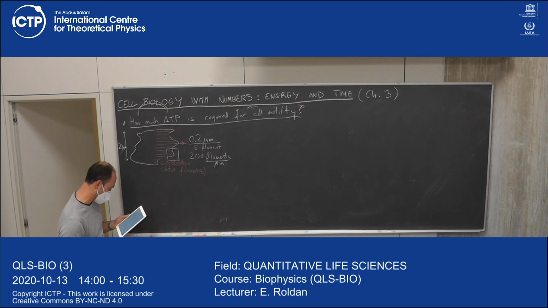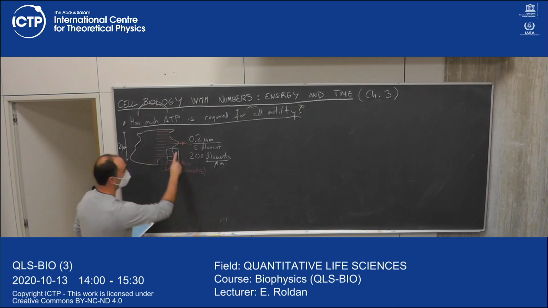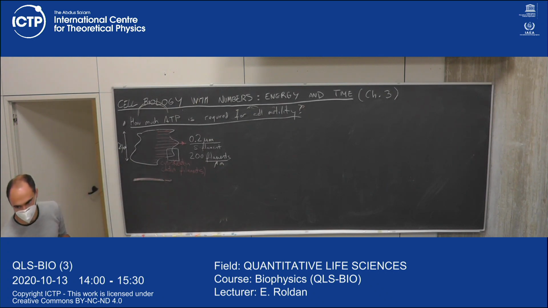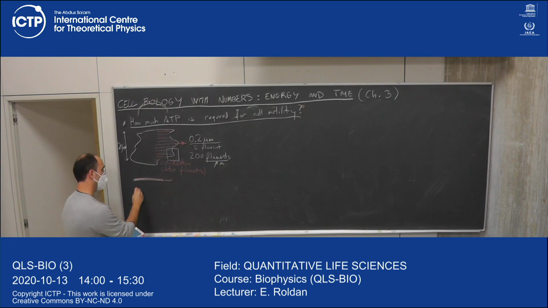One is what I can give you now. So how is actin polymerized? So I'm putting a very simple sketch here of a polymer that is growing, but this has a molecular structure. So if you zoom in, here there are monomers. Okay, I'm zooming in here. There are monomers.